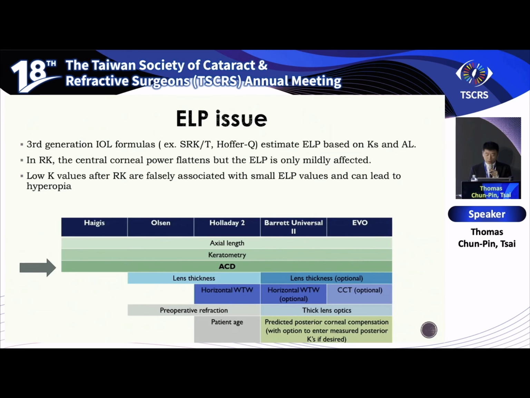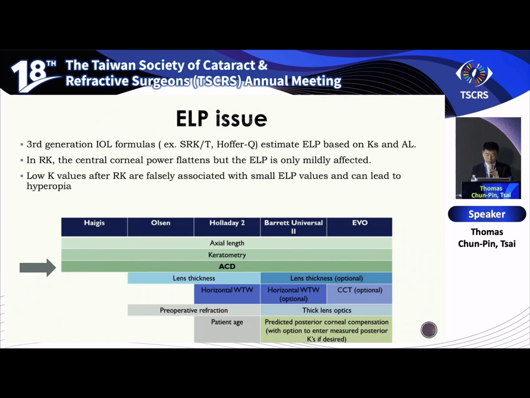RK patients were once myopic, but now have flatter corneas. They typically have a deeper anterior chamber depth than patients with similar flat K readings who don't have any history of myopic refractive surgery.